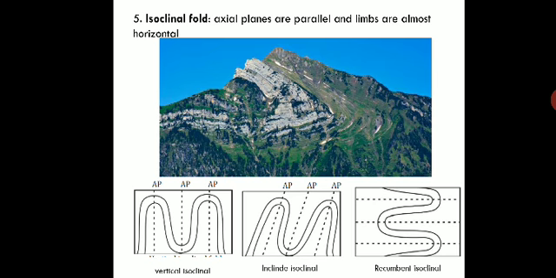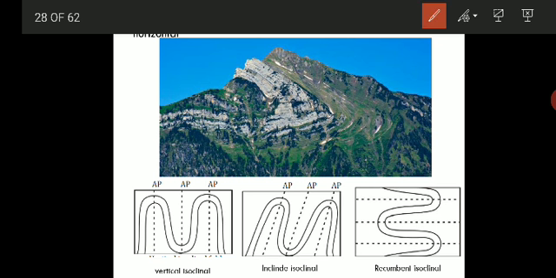In vertical isoclinal the axial plane is vertical, in inclined isoclinal the axial plane is inclined, and in recumbent isoclinal the axial plane is horizontal. So that is called the isoclinal. The angle is the same. That is important. So this is the classification based on the position of axial plane and the limbs.